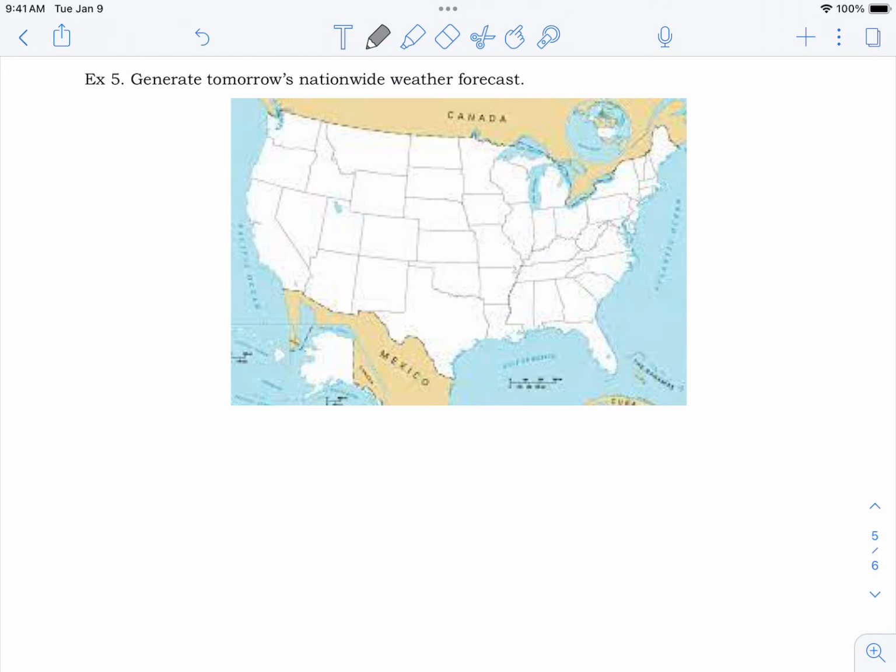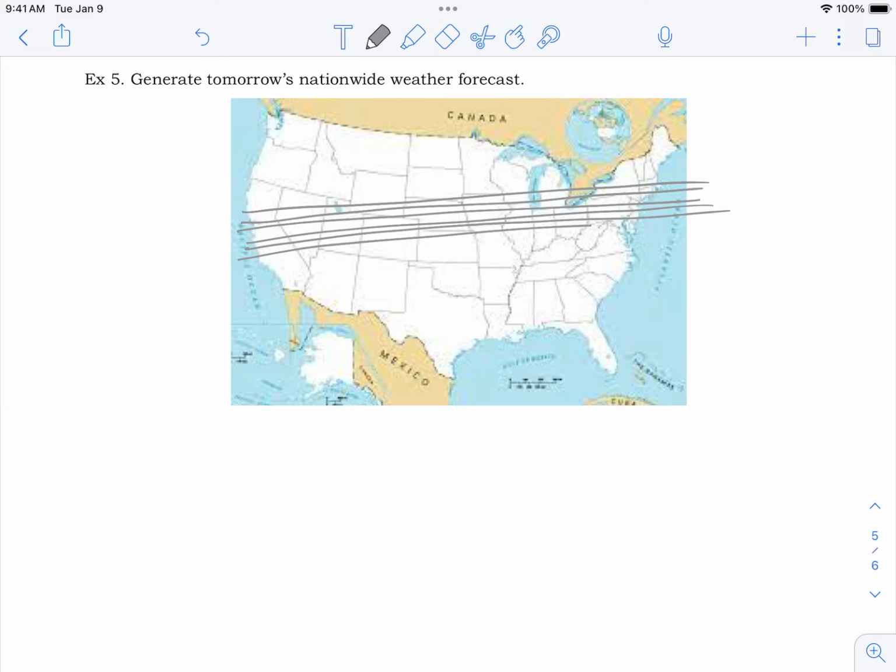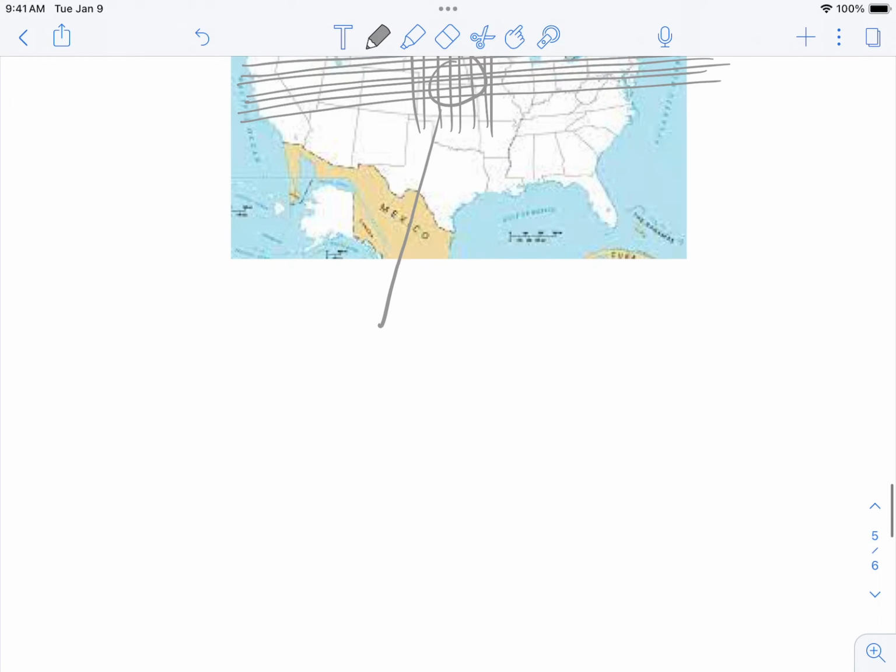So to make a model, what you do is you take a map of probably not just the United States, maybe the world, but at least the United States. And you would split the United States up into a whole bunch of little itty bitty cells, you might call them, little parts, little pieces, so that if you zoomed in, what you would see is something like this.